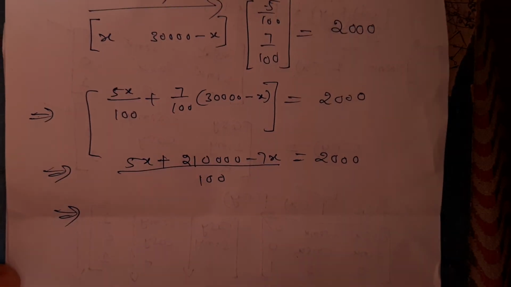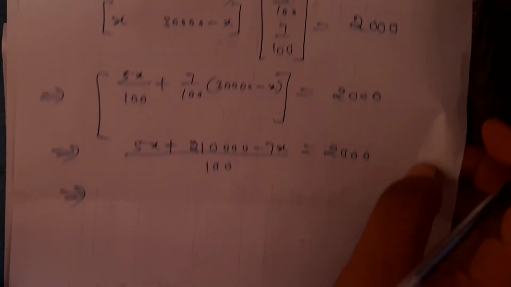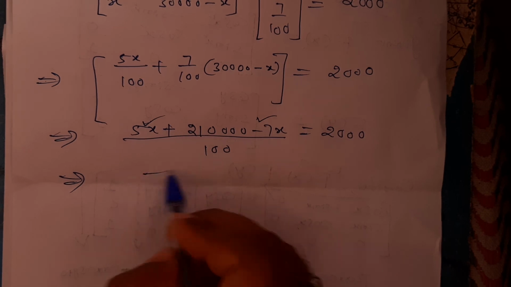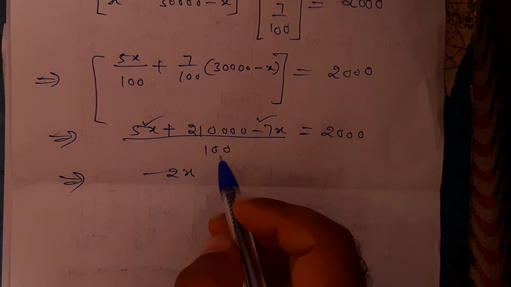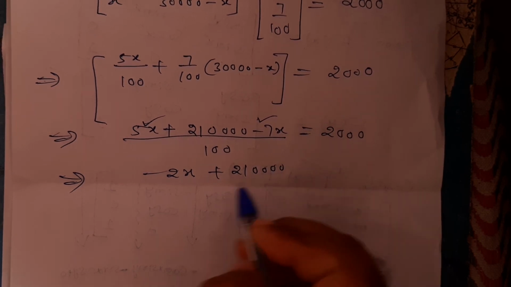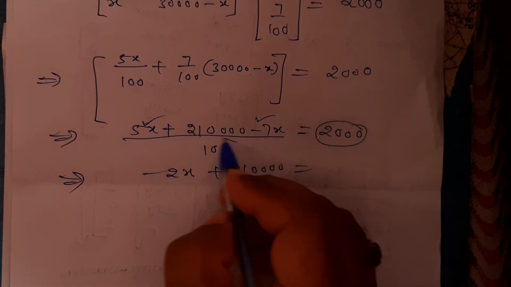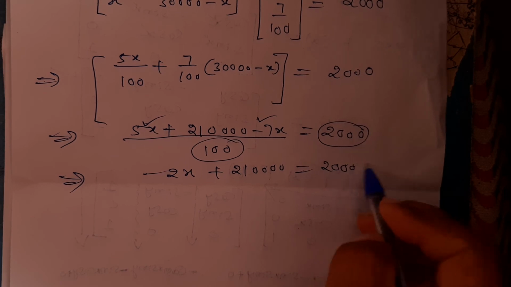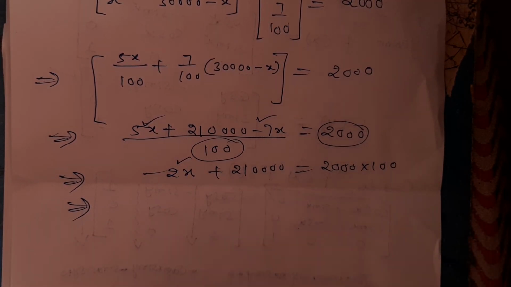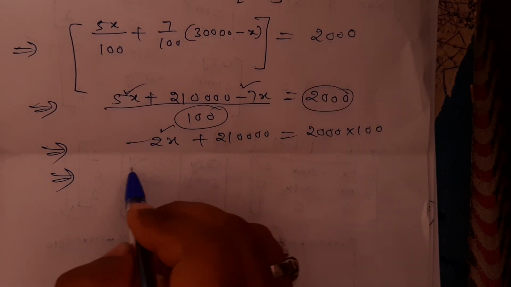We have to simplify in the same way as we did in the previous case. So 5x minus 7x is minus 2x, then plus 2,10,000 is equal to 2,000 into 100. Now you shift this 2x to the right hand side.